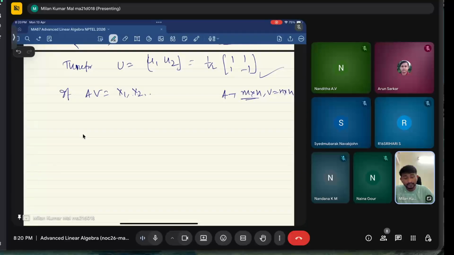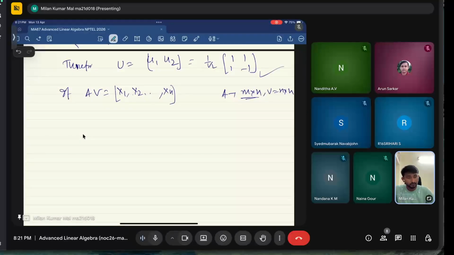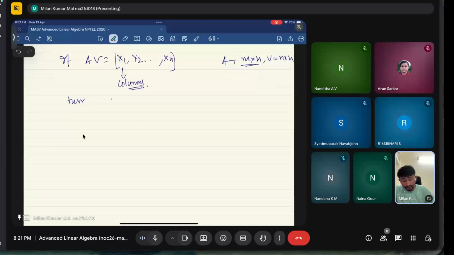This is m by n, so x n number of columns. If AV is equal to this, where these are the columns, then what we obtain is A star A V, V star, which is going to be a diagonal matrix.